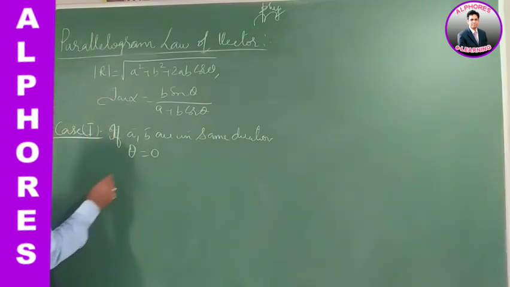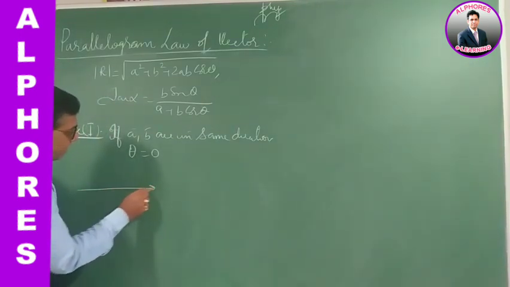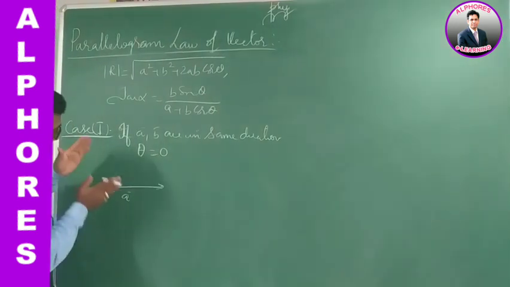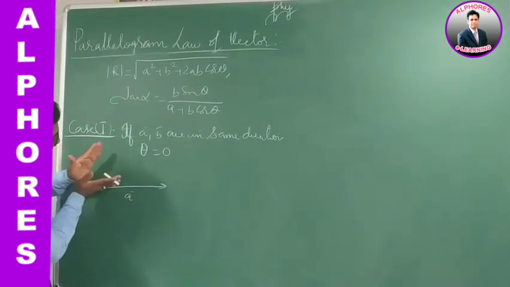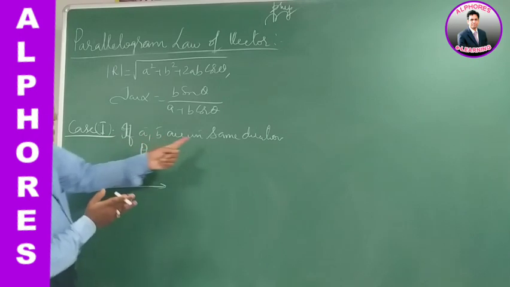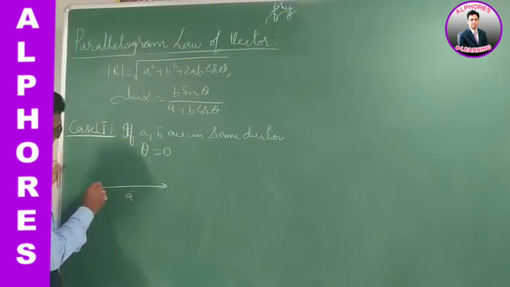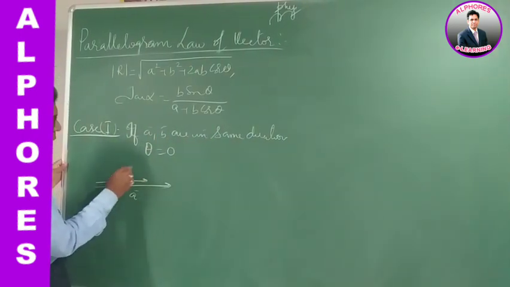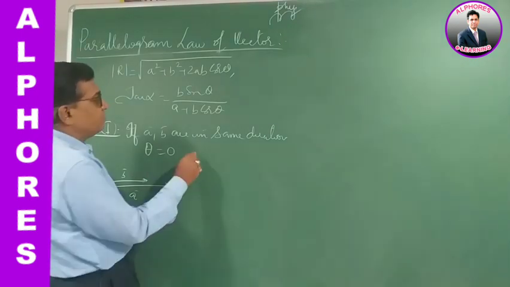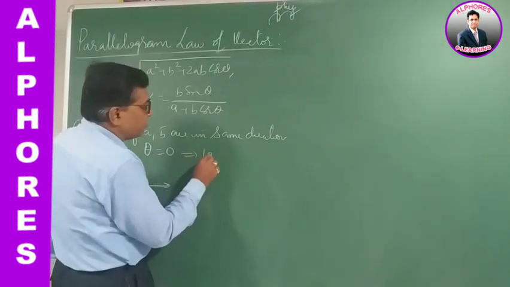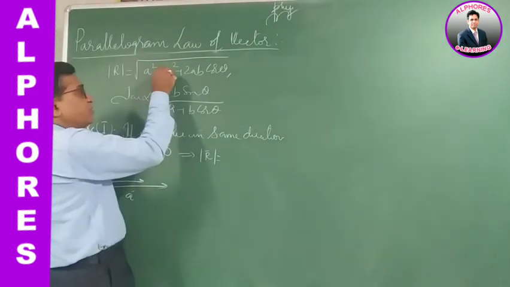So let's draw the diagram. A bar is in this direction, and B bar is also in the same direction as A bar. Then what is the magnitude of the resultant? Please substitute in this formula.